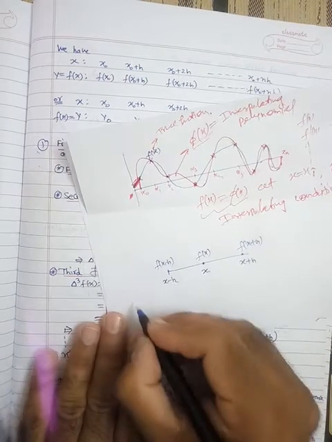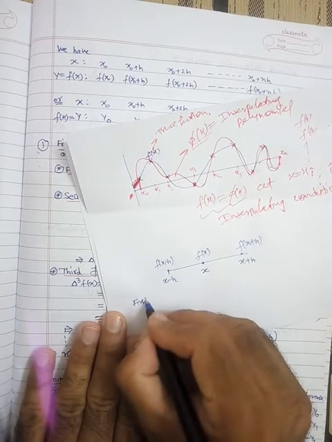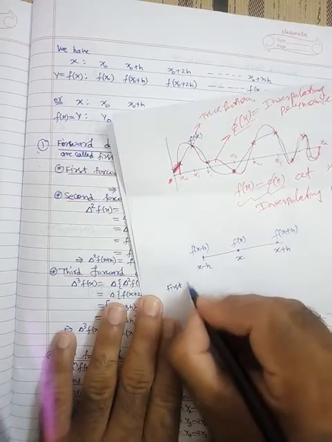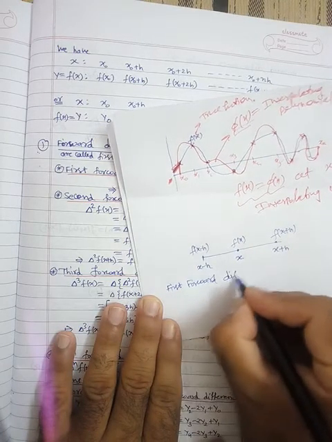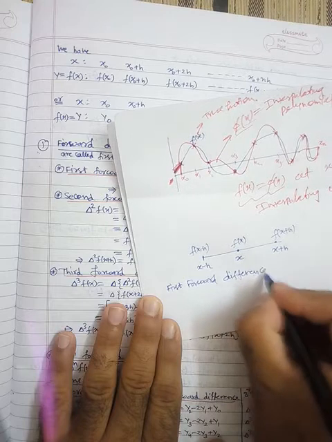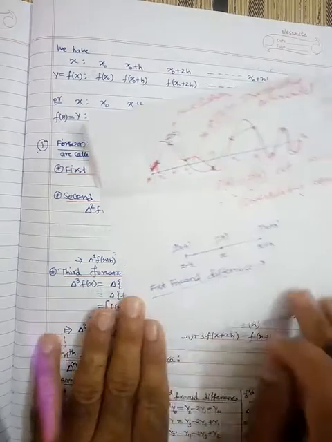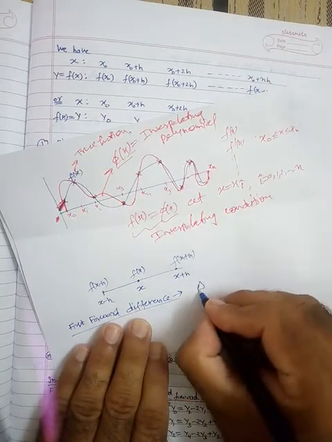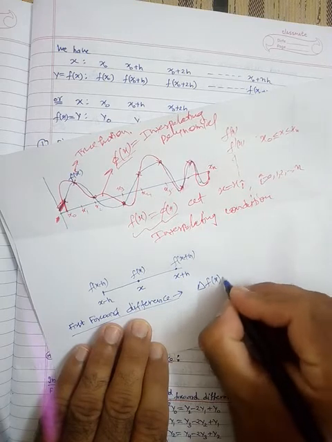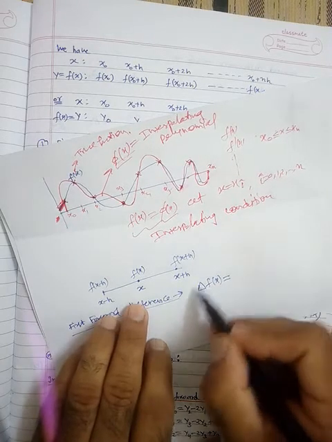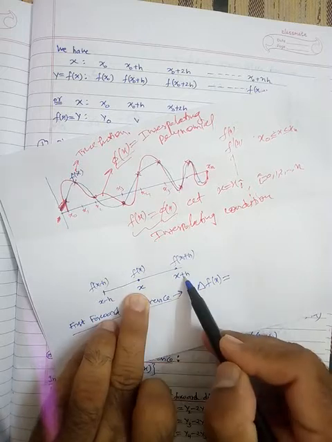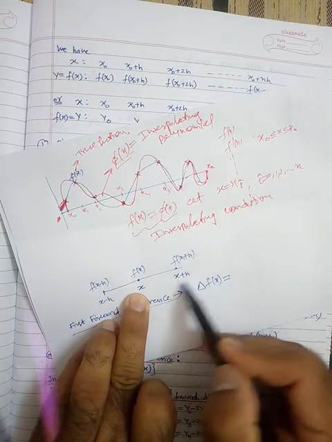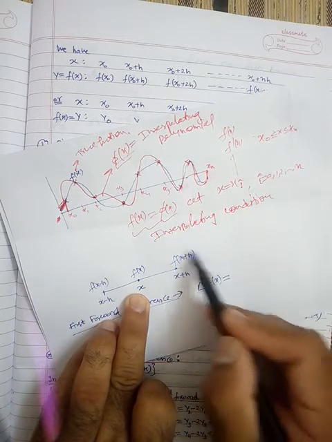So if we want to find out the first forward difference, then this is denoted by delta f of x, which is equal to, since we want to find the difference at point x, the next value is x plus h, and the value of the function at this point is f of x plus h.